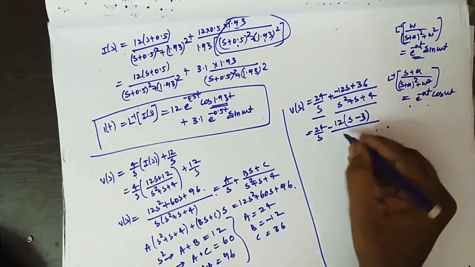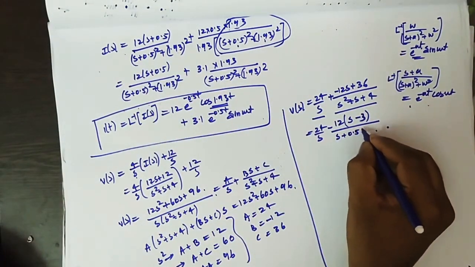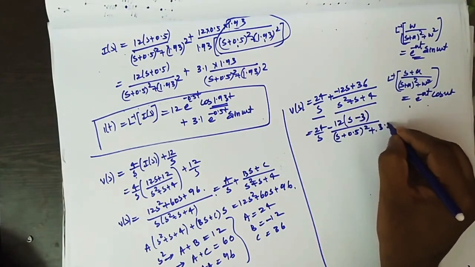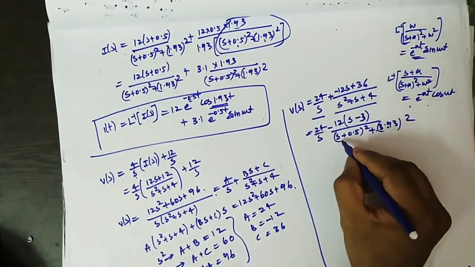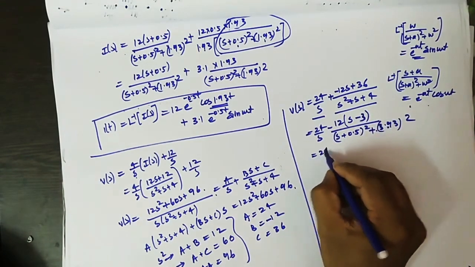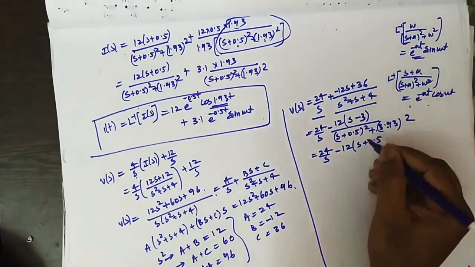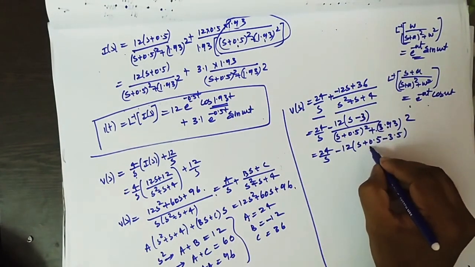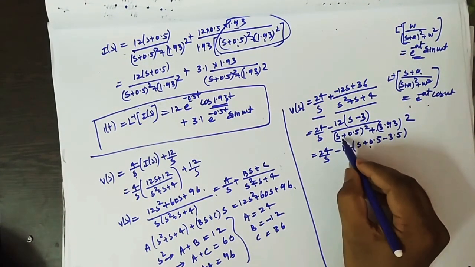So the denominator will be written in this format, that is s plus 0.5 whole square plus 1.93 whole square. Now we need the s plus 0.5 format in this numerator. Therefore, 24 by s minus 12 into s plus 0.5 minus 3.5 can be written. This minus 3 can be written as 0.5 minus 3.5. So our agenda is to get the s plus a term.